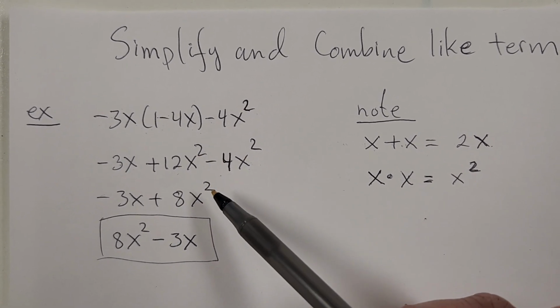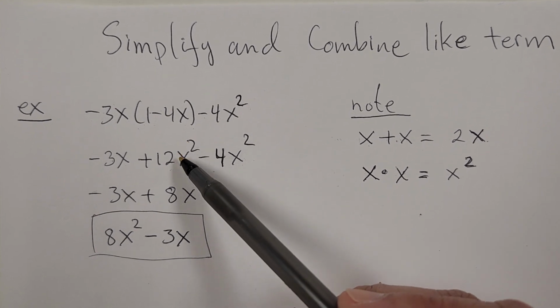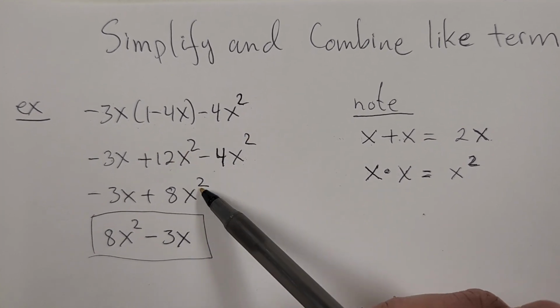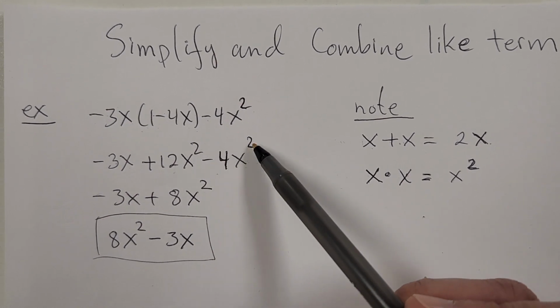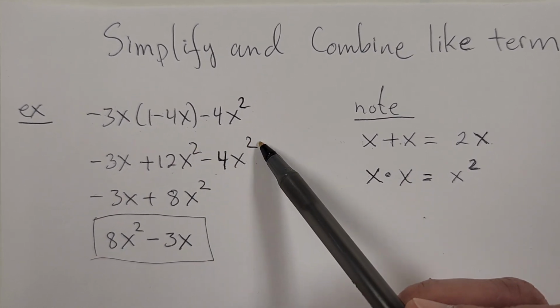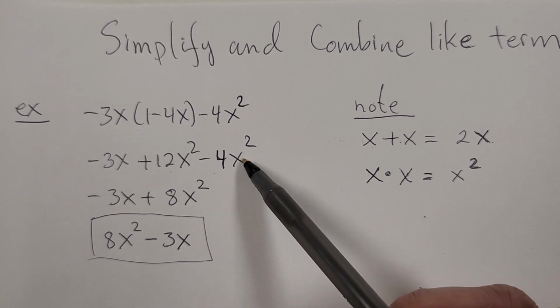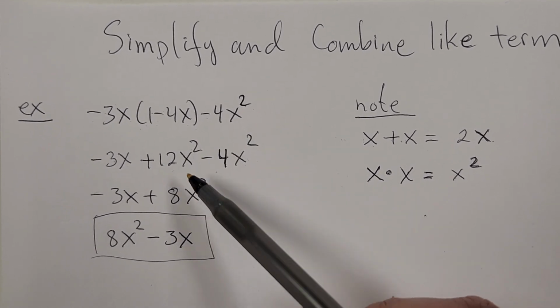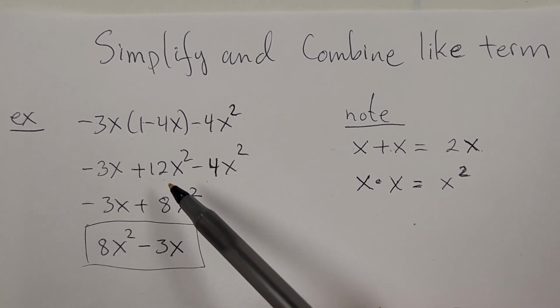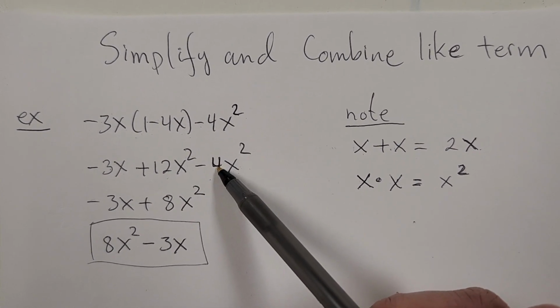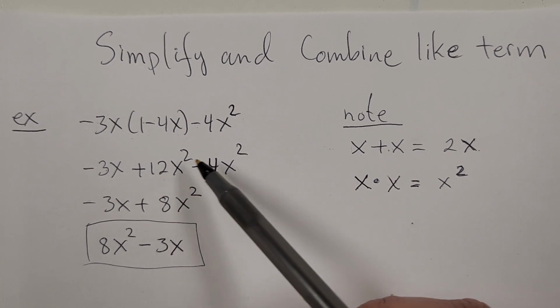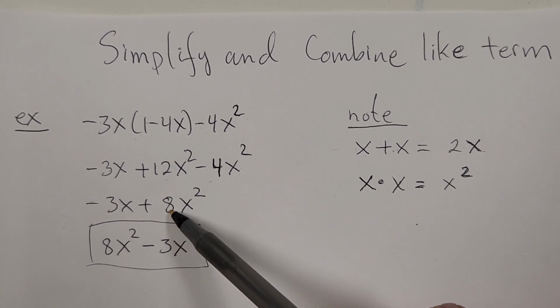When you combine like terms, leave the variable and the power alone. The only thing you're going to add and subtract is the number in front, which is called the coefficient. So 12 subtract 4 gives me 8.